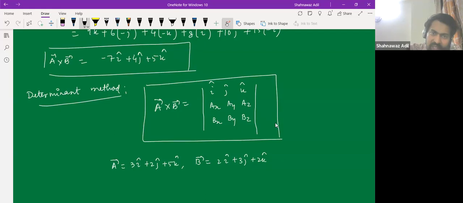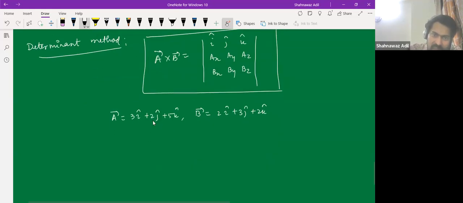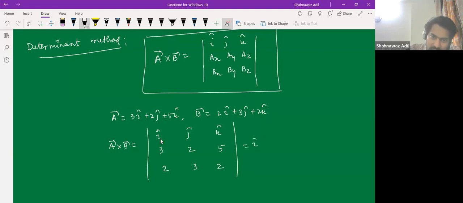So AX is 3, AY is 2, AZ is 5. So A cross B would be the determinant with i, j, k, then 3, 2, 5, then 2, 3, 2. So how do we calculate the determinant? If we take i hat, this would be this and this: 2 into 2 minus 3 into 5.